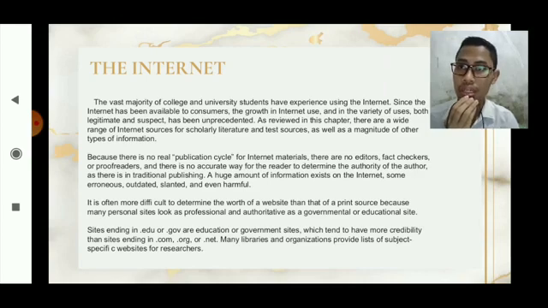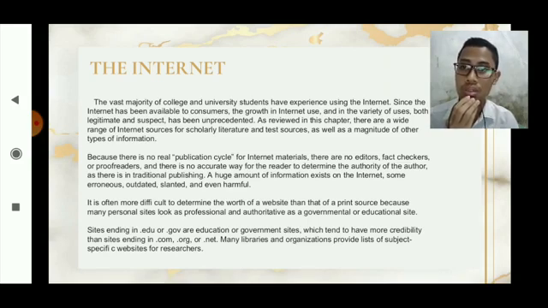As with traditional publishing, a huge amount of information exists on the internet, some erroneous, outdated, slanted, and even harmful.